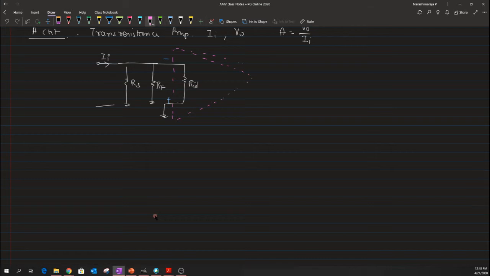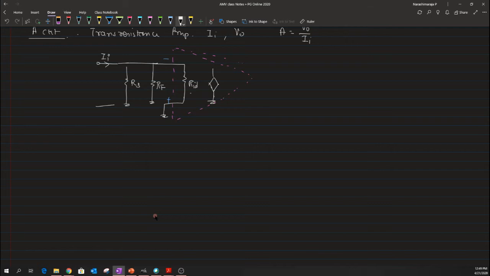which means that we have to have a voltage dependent voltage source. In order to have this voltage dependent voltage source, let me mark the diamond shape. The value of this is given as mu times the voltage drop across this resistance RID.